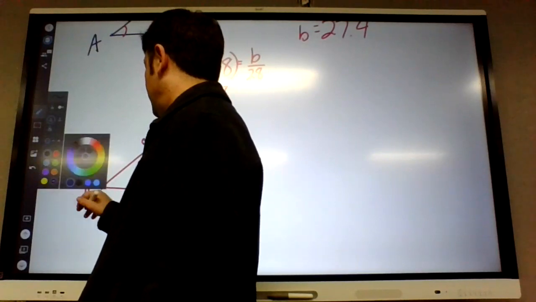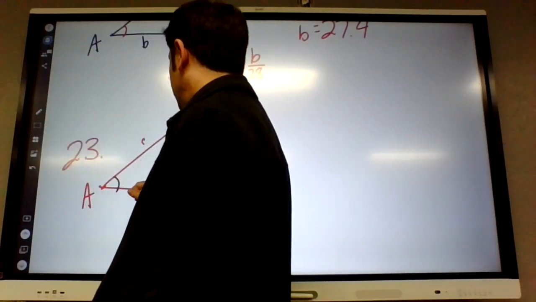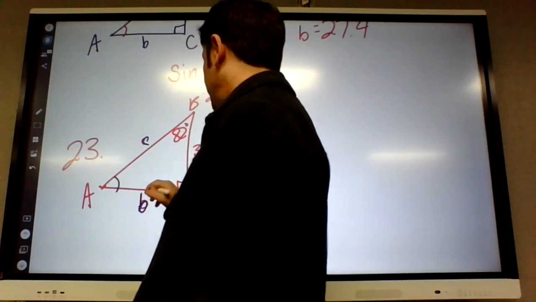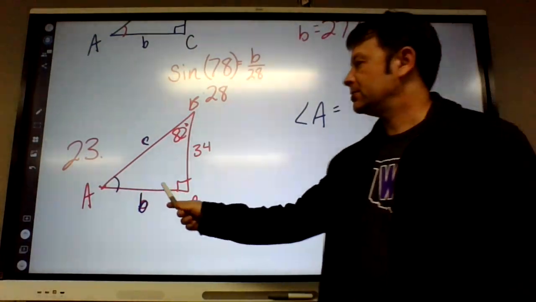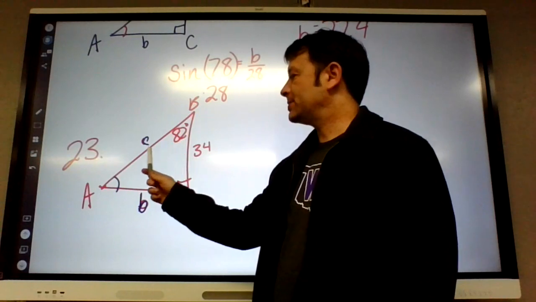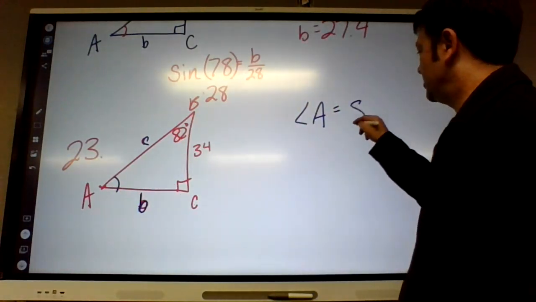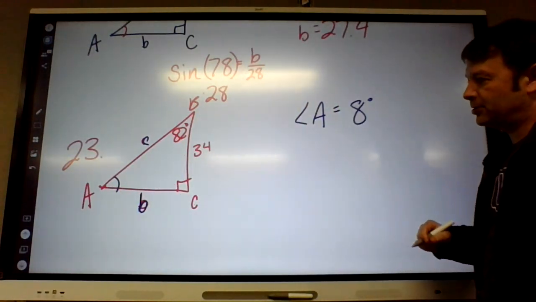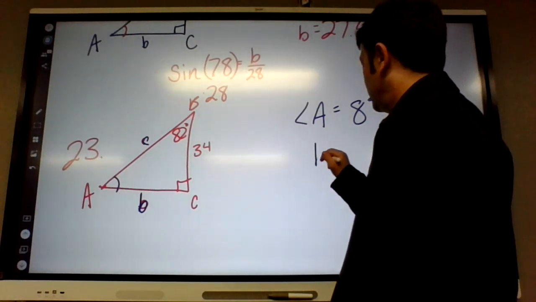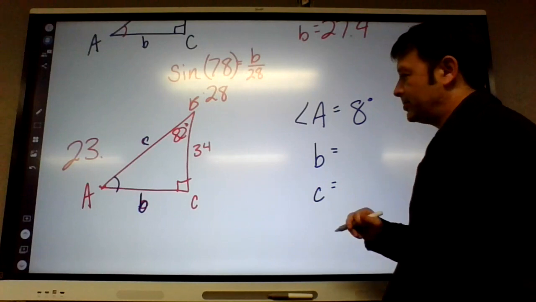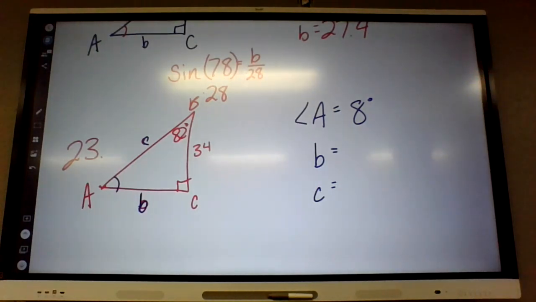We're missing angle A, side C, and side B. So how do we find angle A? 90 minus 82. So that'd only be an 8-degree angle, really tiny. Nowhere near as big as it looks. Okay, so Whitley, how about you help me set up for side B?